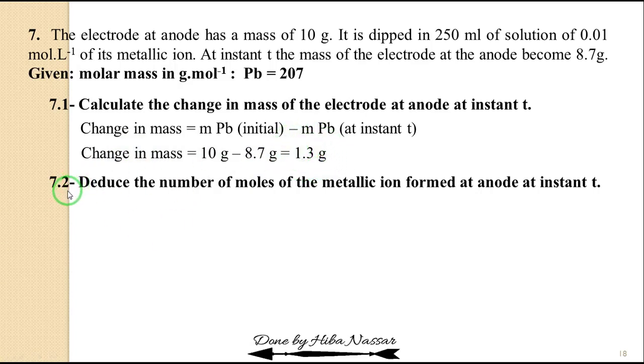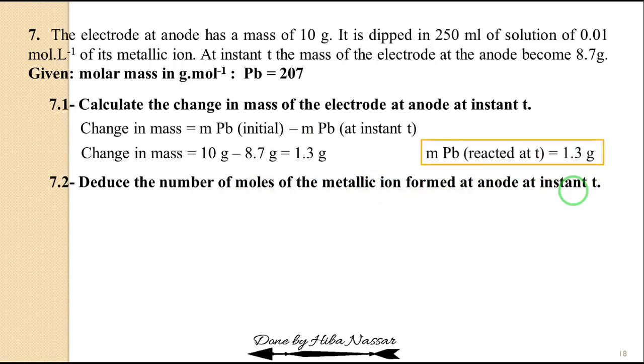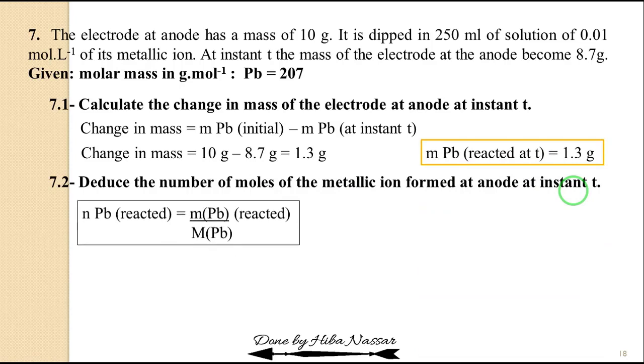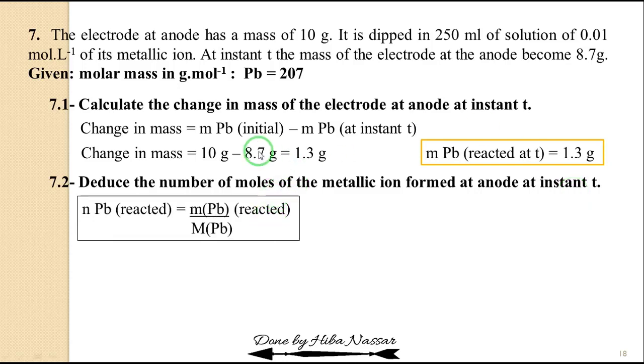Now 7.2: deduce the number of moles of the metallic ion formed at the anode at this instant. So here I need to calculate the number of moles of Pb2+ formed at the anode. From the change in mass, we can deduce that this value represents the mass of lead reacted at instant t, which is 1.3 gram.